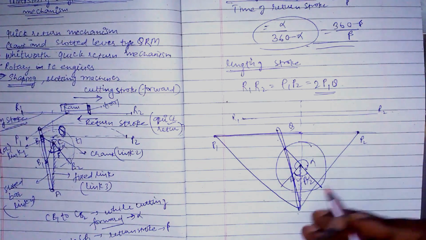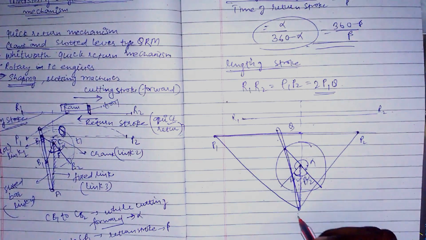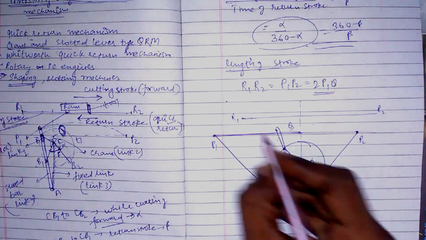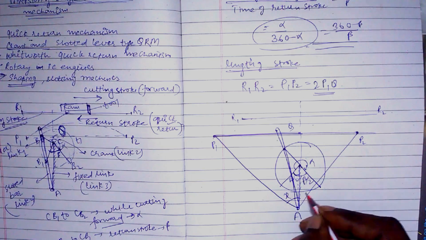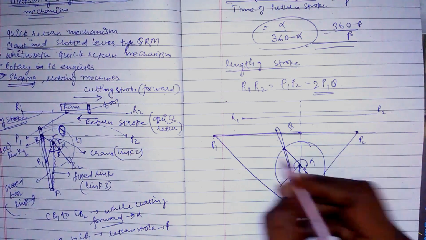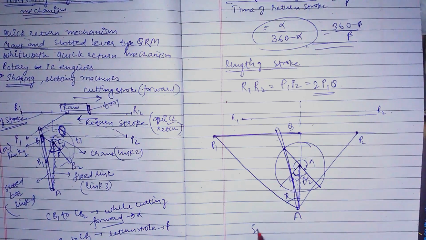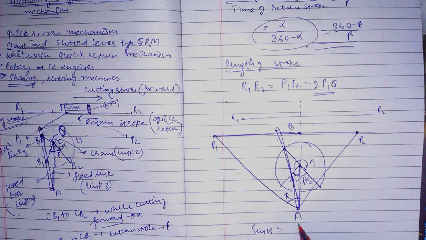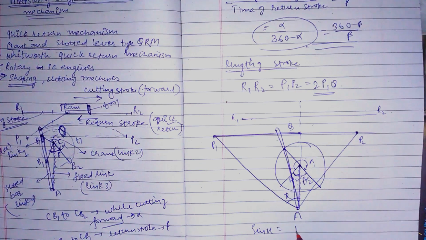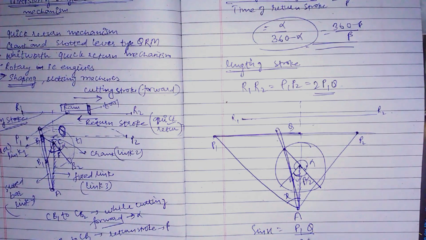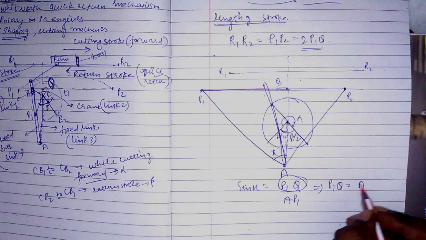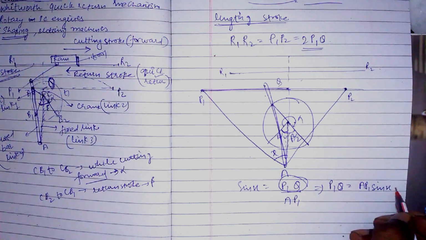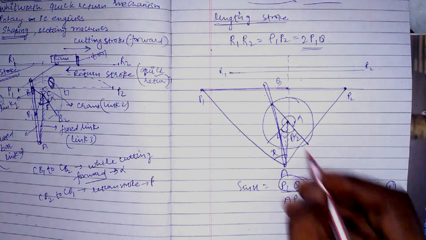Say this angle is X. Sine of X would be perpendicular upon hypotenuse, so P1Q upon AP1. So we have P1Q equal to AP1 into sine X. We have to find this angle X.